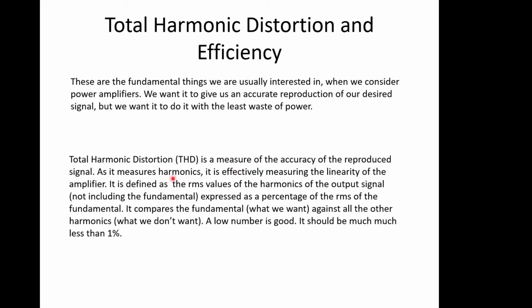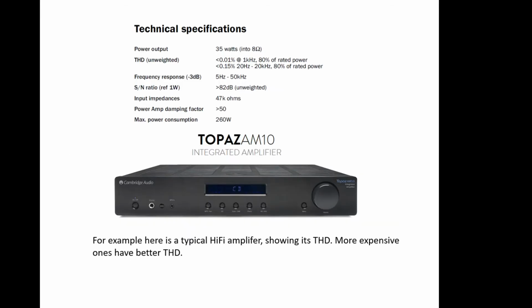You drive it with a sine wave and measure the amplitude of the harmonics of the sine wave, and that's an indication of the non-linearity in the system. If there are no harmonics, then it's a very linear system. So we look at how much power is in the harmonics compared with how much power is in the fundamental, and a low number is good, so much less than 1% or so is good performance.